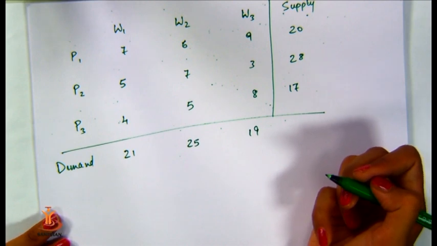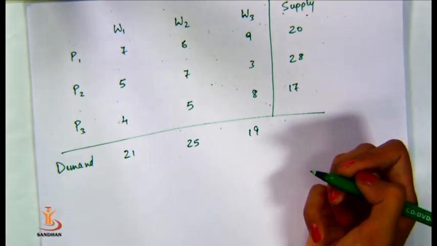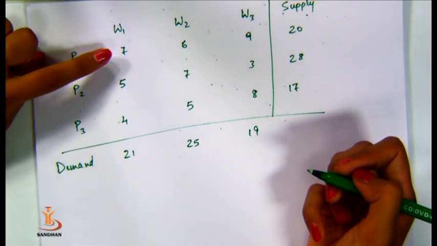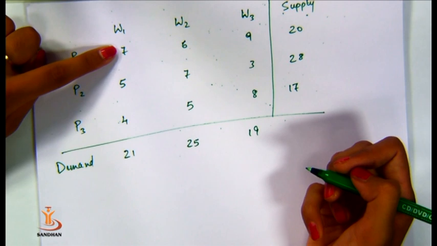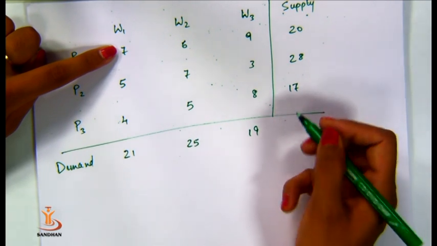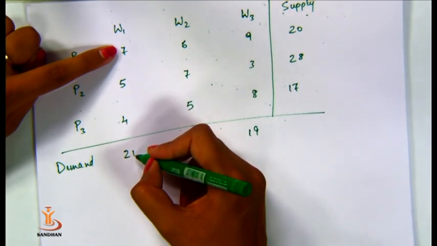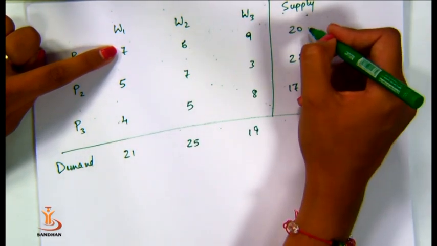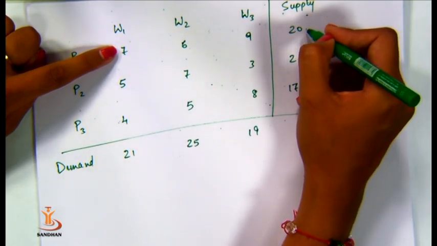So we will start allocating different units to different places, starting from the northwest corner. As we can see, the demand is 21 units, and the supply is only 20 units available.